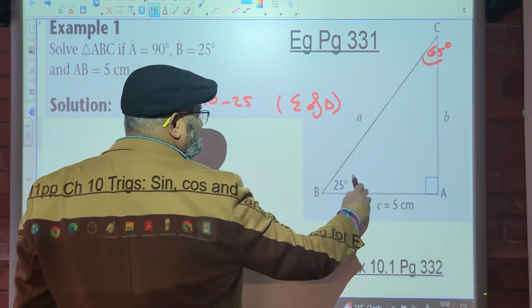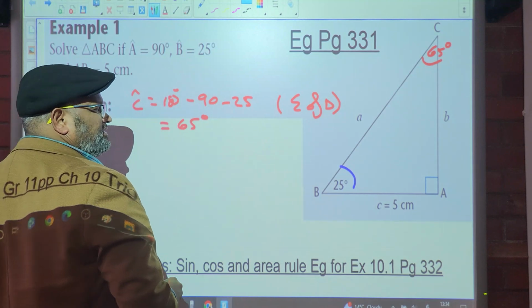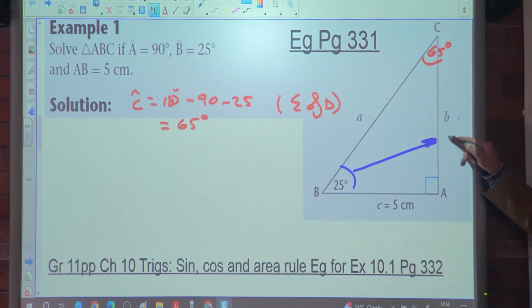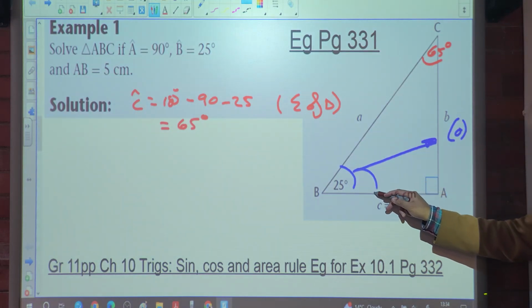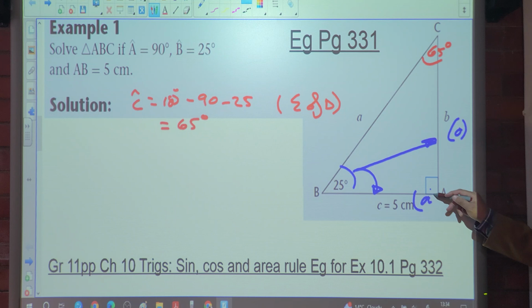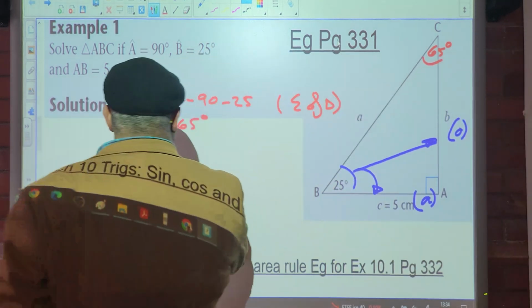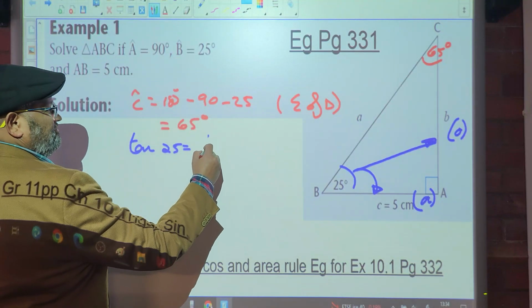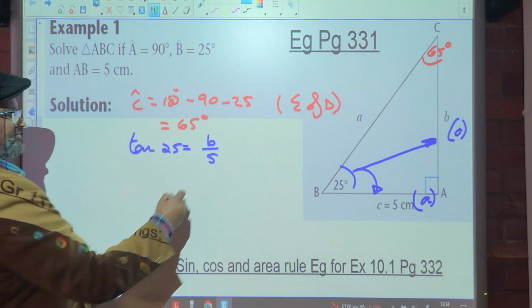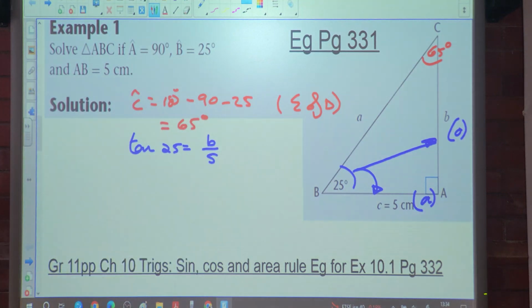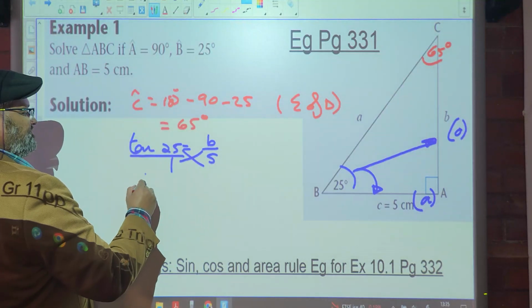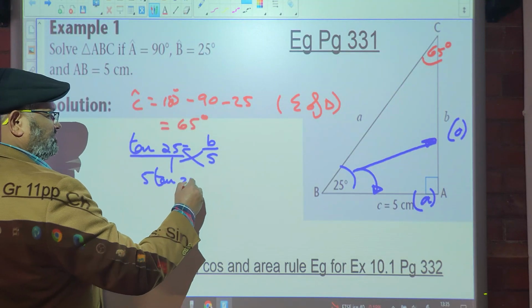How are you going to calculate lowercase b? Lowercase b is what to this angle? Opposite. What do we have? Adjacent. So which trigonometric function uses opposite and adjacent? Tan. So tan of 25 is equal to b over 5. Cross multiply, so 5 tan 25 is equal to b.